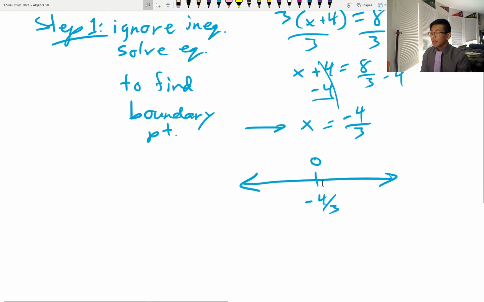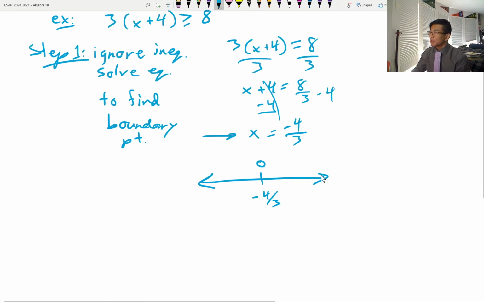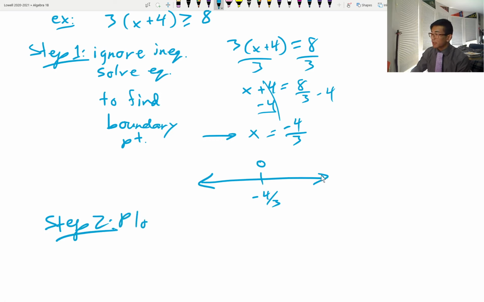Okay, second question, or step 2, is we'll plot the boundary point on your graph. But this would also help when you're solving algebraically. Now we want to see, do we have to fill it in or not?